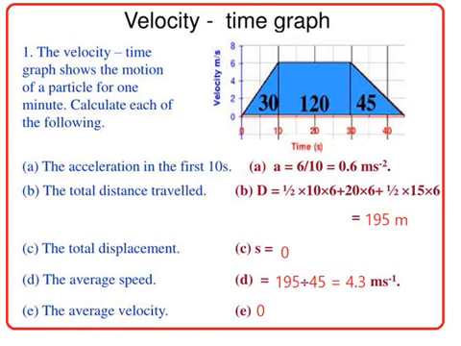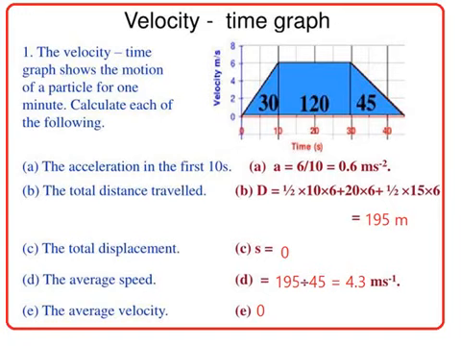Here I have represented in blue color 30, 120, 45. These numbers represent the distance traveled by the body when you calculate using the formulas for the triangle and rectangle. If you add them all, you will get 195, or this can be easily calculated using the formula half h into a plus b, where h is the height.